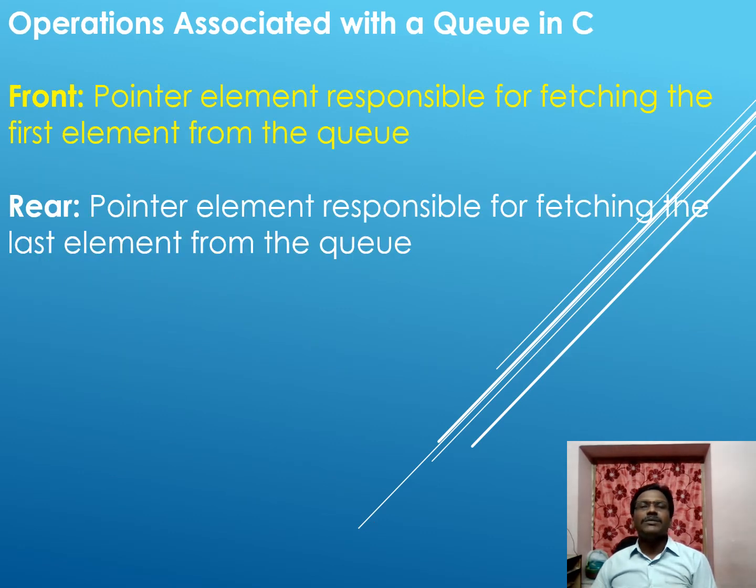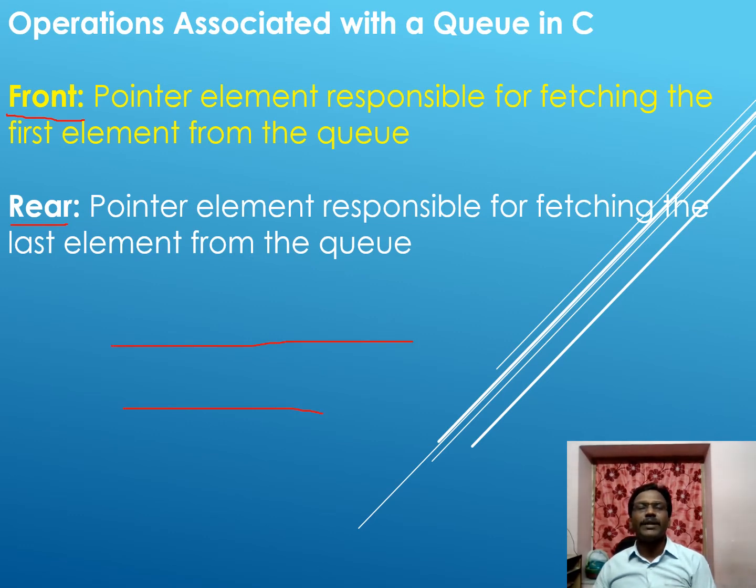The other operations associated with the queue are front and rear. The front pointer is responsible for fetching the first element from the queue. Front represents the first or starting element of the queue. The rear pointer is responsible for fetching the last element of the queue.